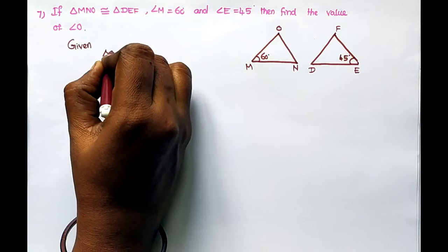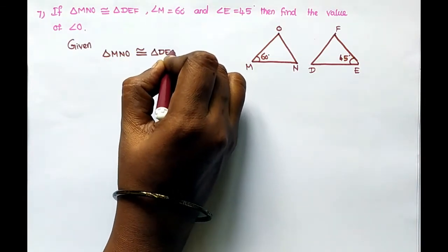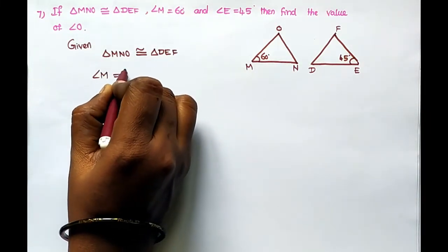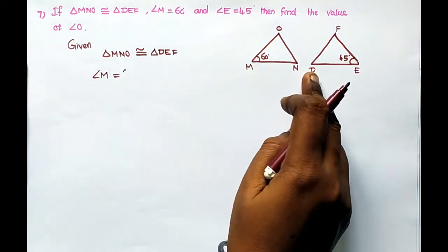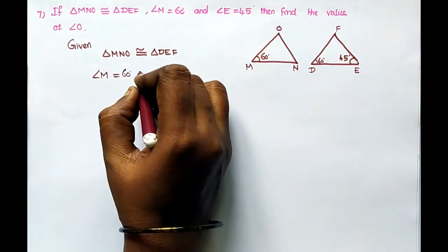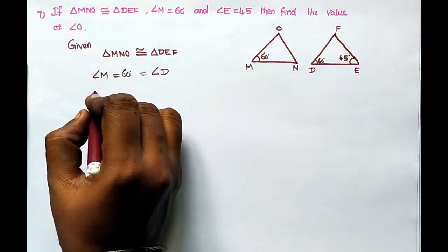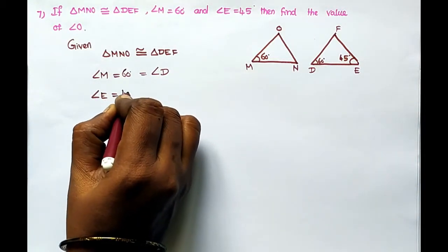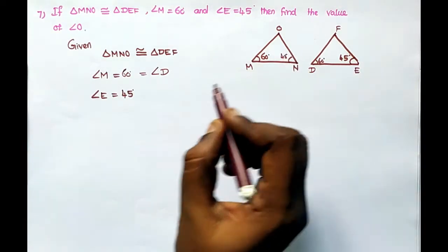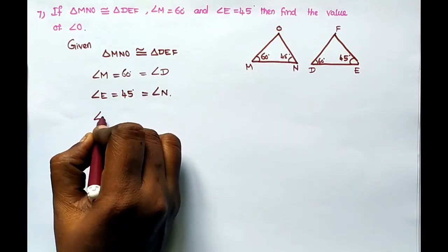Given triangle MNO is congruent to triangle DEF, angle M equal to 60 degrees means angle D is also 60 degrees. And angle E equal to 45 degrees means angle N is also 45 degrees. Now we want to find out angle O.